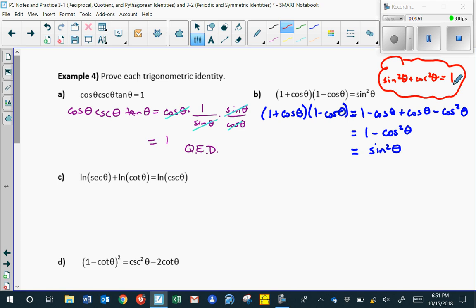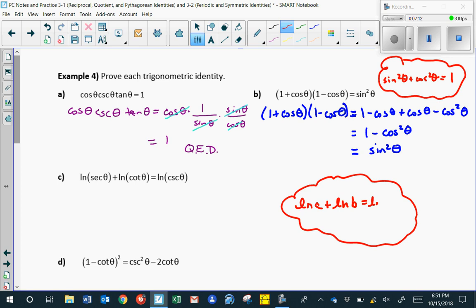All right, in C, we see an expression with natural logs in it. Now, of course, you're going to remember from Algebra 2 that there is a property of logarithms. It's true of any base, but I'll write it with natural logs. The natural log of A plus the natural log of B is equal to the natural log of A times B. That's a property of logarithms that we can use.